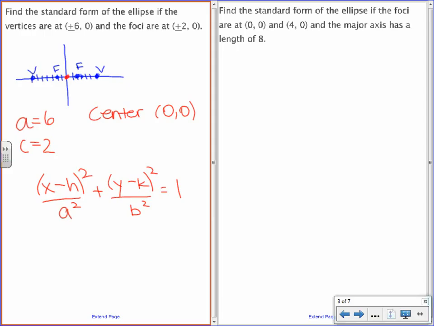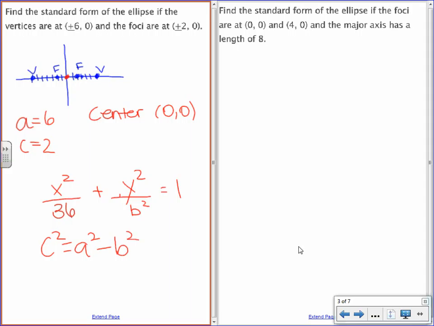Okay? So we can plug in our center, 0, 0. And we know a squared is 6 squared. Pod 5, how can we determine b? C squared equals A squared minus B squared.